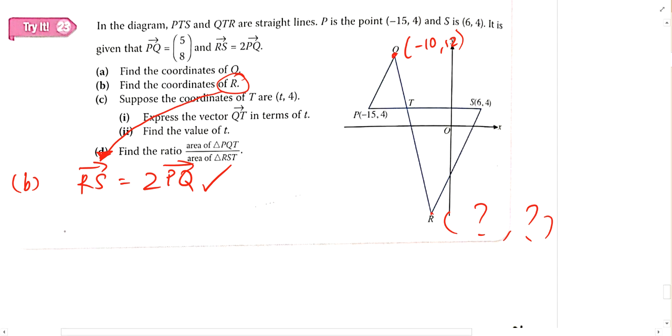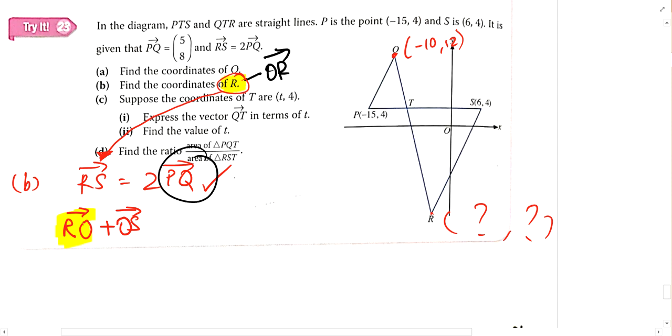RS is actually RO plus OS. Can you see that? And what is the point of writing it this way? This is what I need in order to find the coordinates of R, because for the coordinates of R, I require OR. If I can find RO, I'm sure I can find OR. This must be going through your mind.